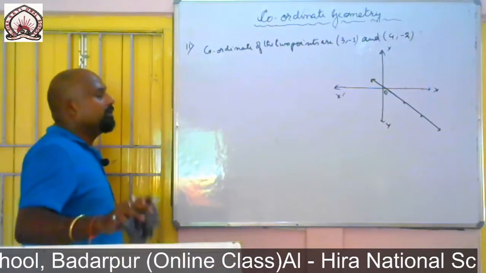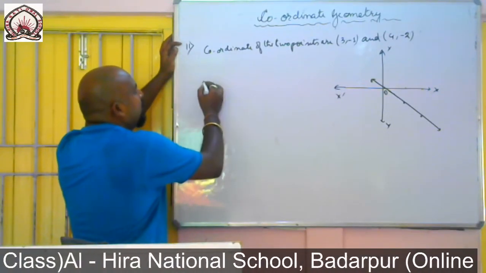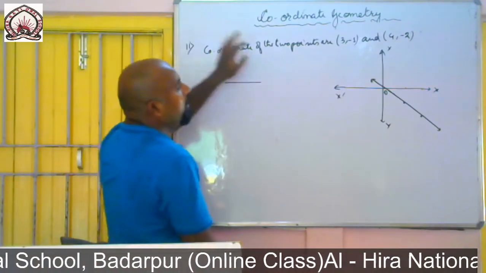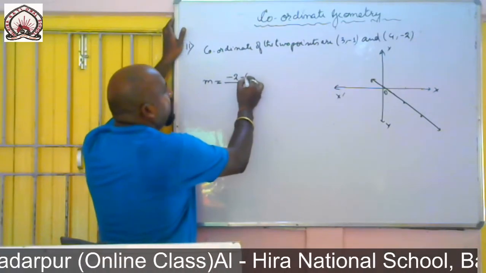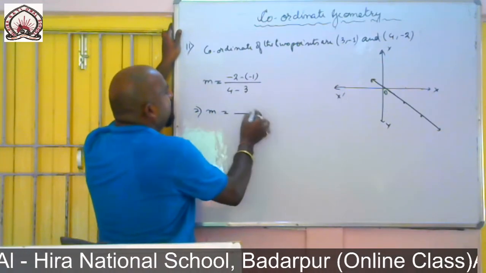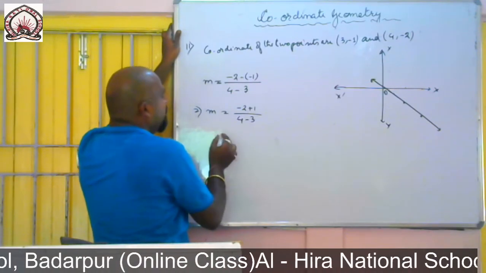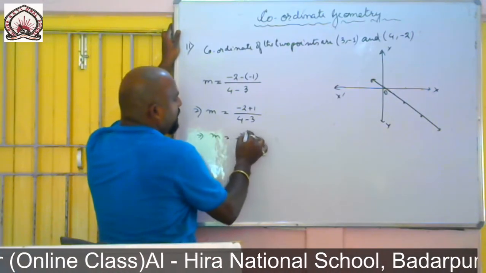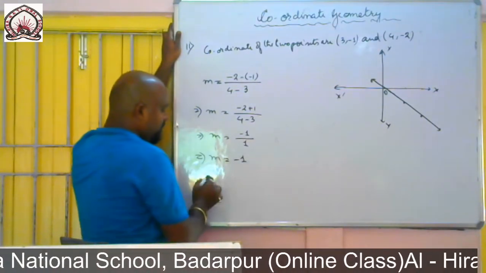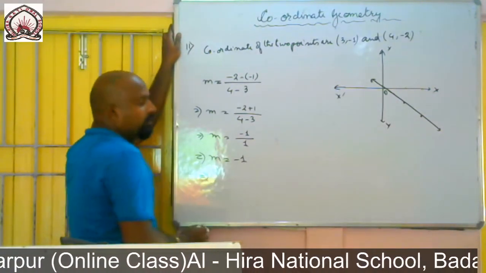Now these are the 2 points given. Then the slope of the line, or the gradient of the line, m equal to change in y coordinate, minus 2 minus of minus 1, by 4 minus 3. It implies minus 2 plus 1 divided by 4 minus 3, m equal to minus 1 by 1, that is m equal to minus 1. So what is the value we are getting? m equal to minus 1.